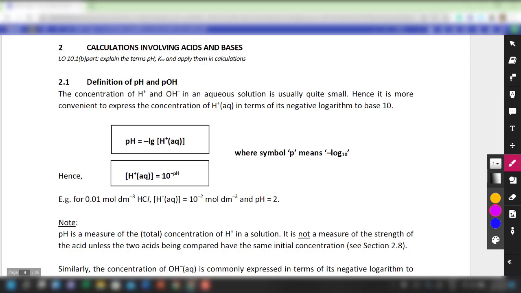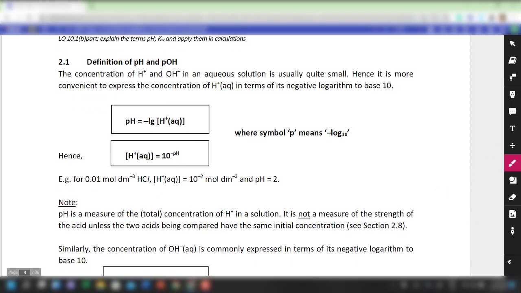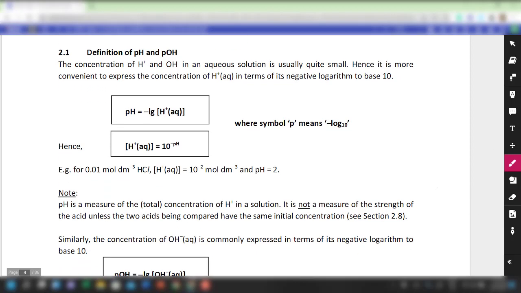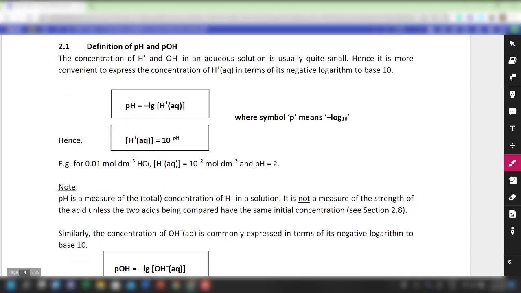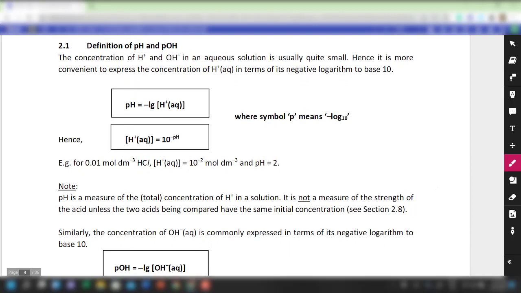So I would really suggest using an ICE table to help you. But of course, after a while, you realize that for acid-base equilibrium, the variables tend to be quite similar, so you might not feel that the ICE table is required.